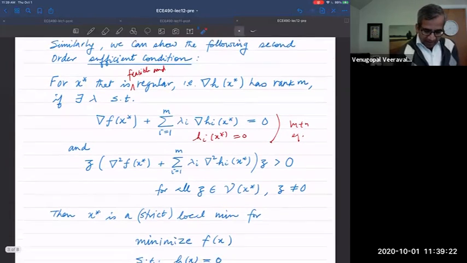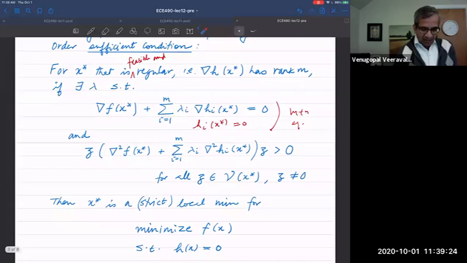Then you check each of those x stars and the corresponding lambda for this condition, and if it holds, then you can conclude that it's a local minimum. That's the procedure we're going to use when we solve, at least analytically, equality constrained optimization problems.